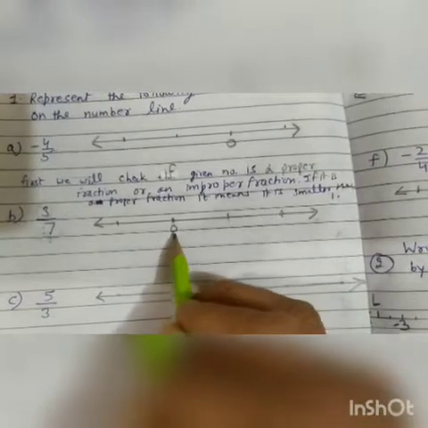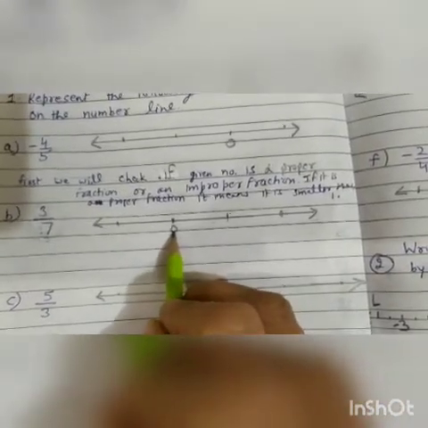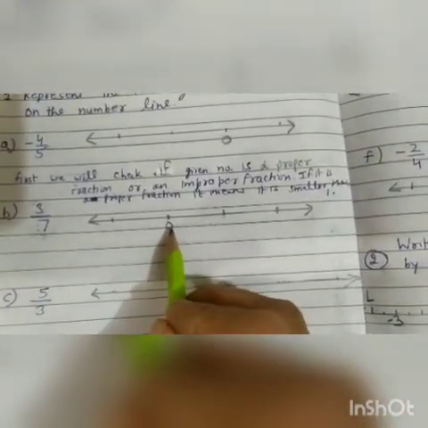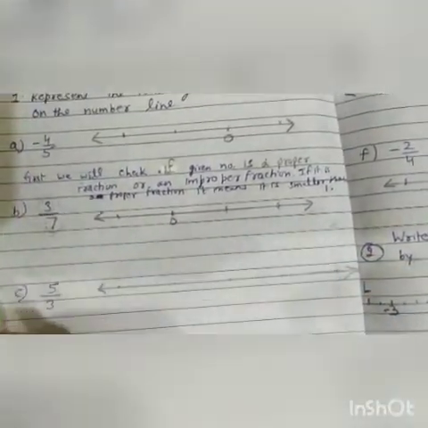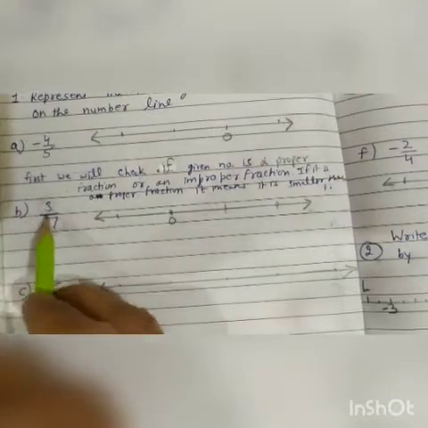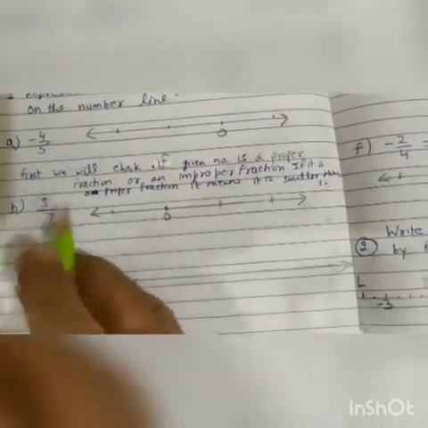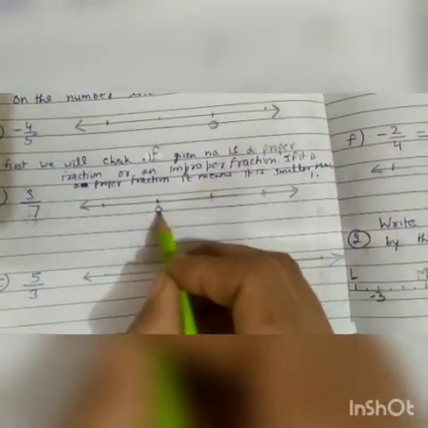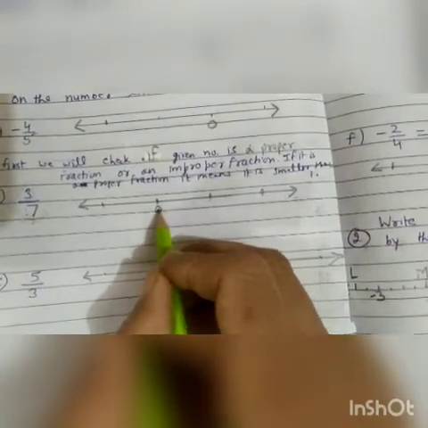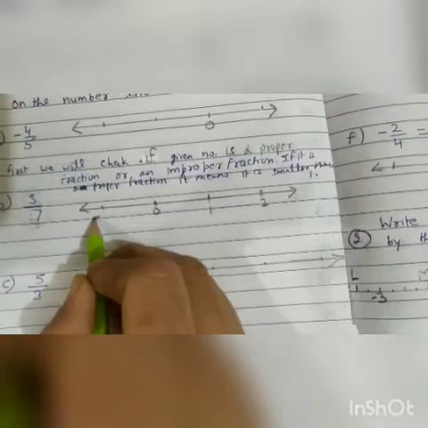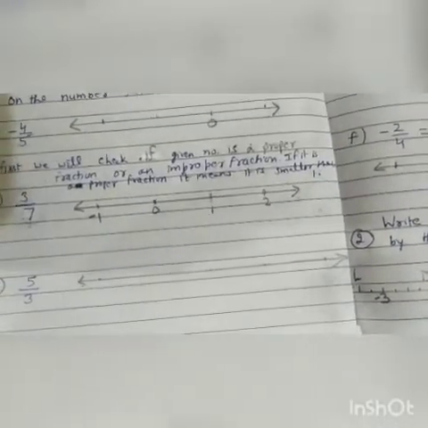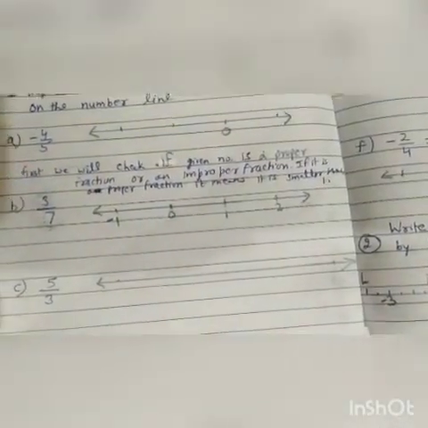I have written here 0 and you know right side of 0 there are positive numbers and left side of 0 there are negative numbers. This is a positive rational number. So first we will write the counting numbers. It is 0, it is 1, it is 2, then it is -1. Clear?